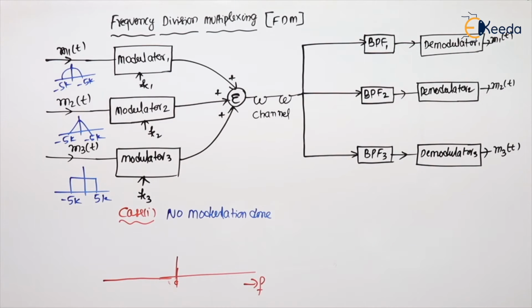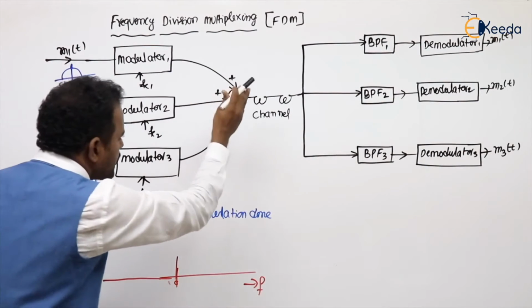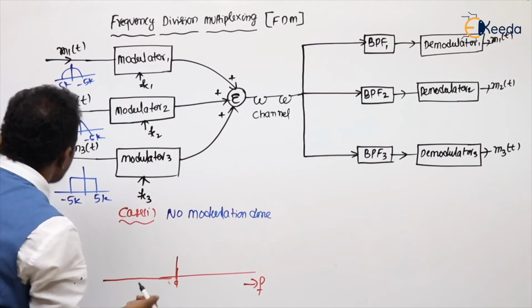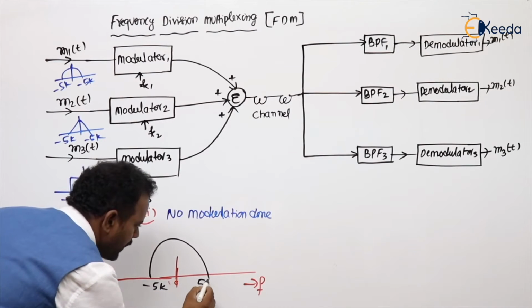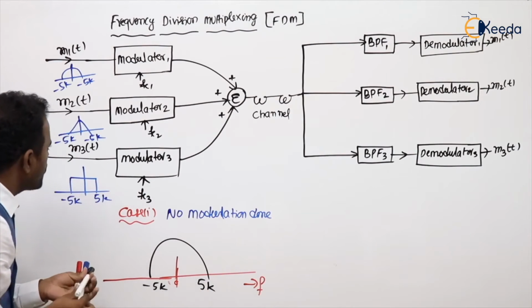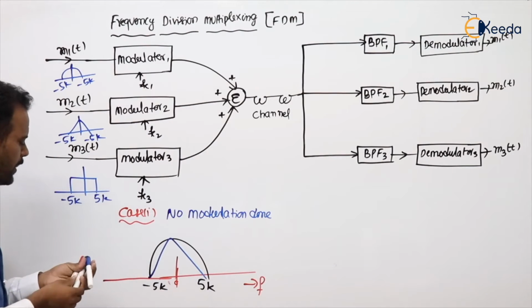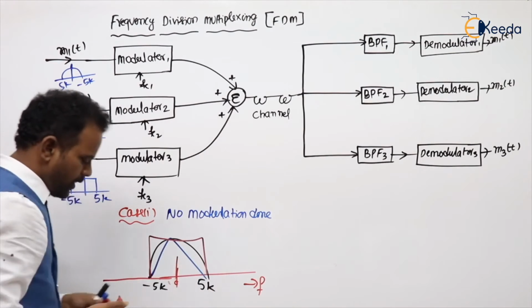We are multiplexing 3 messages, all given directly without modulation. Where is the first one occupied? From minus 5k to plus 5k. The second one also occupies minus 5k to plus 5k. The third one is also minus 5k to plus 5k.